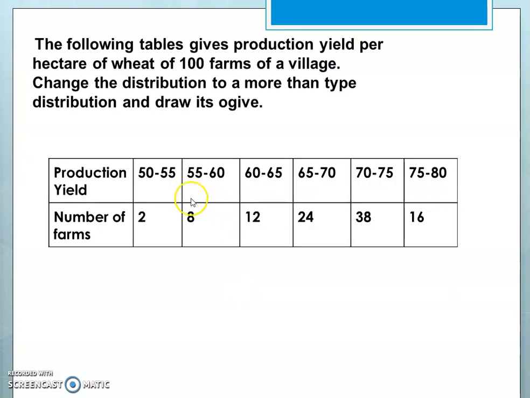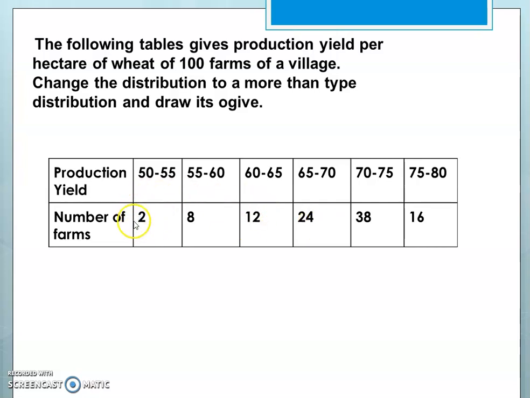Now again I will go back to my data. More than 50, if you notice, the entire farms, the total farms, all of them have more than 50. So in this more than 50 you will write the total number, that is your n, 100, already given to you. More than 55, all are there except for these two.